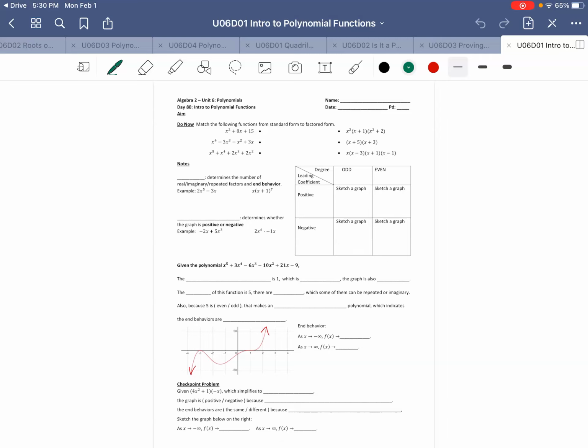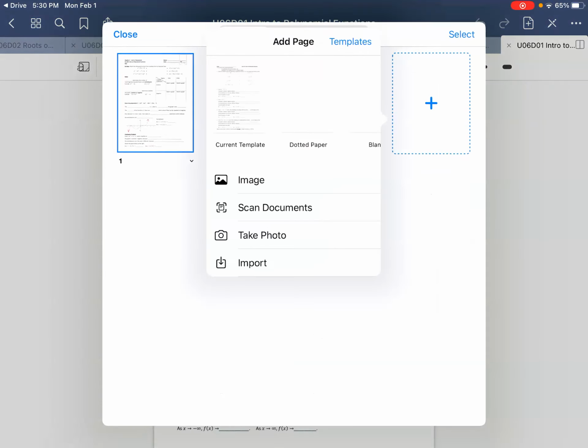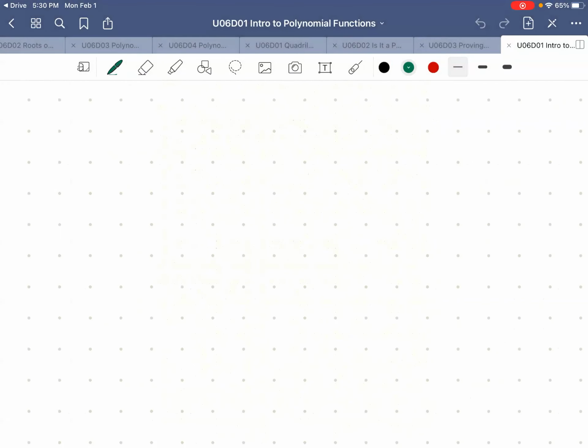So firstly, let me just open a new blank page. A polynomial function comes in the form of ax to some power. For example, I'm just going to use 10, plus bx, where a and b are constants.